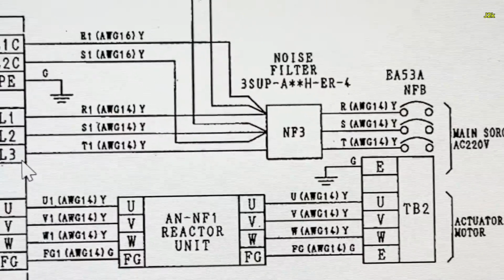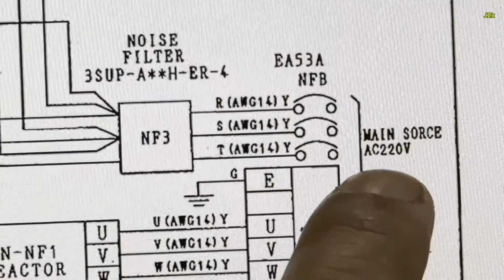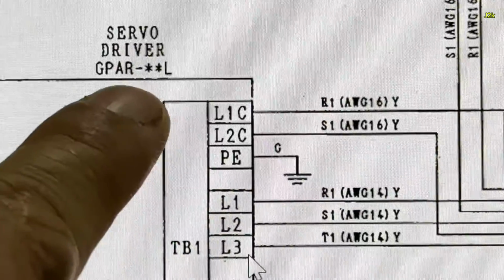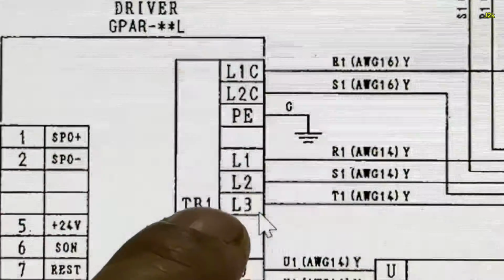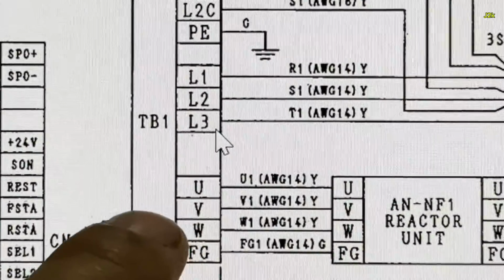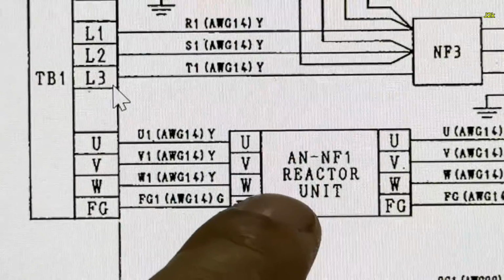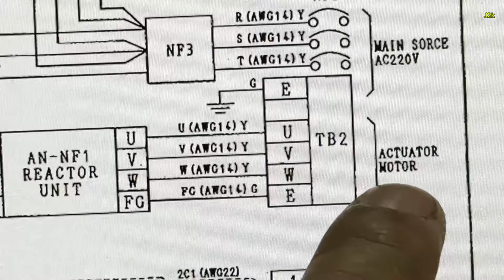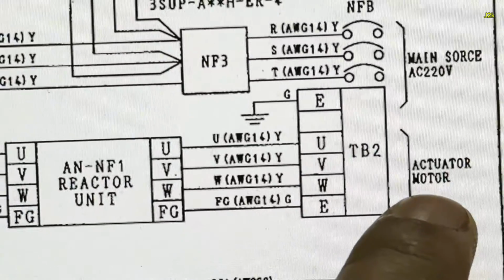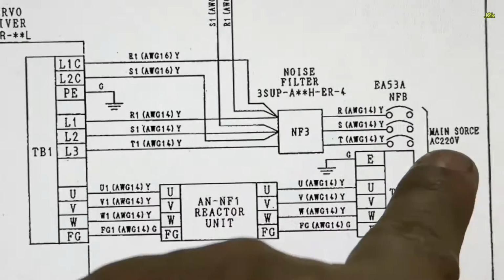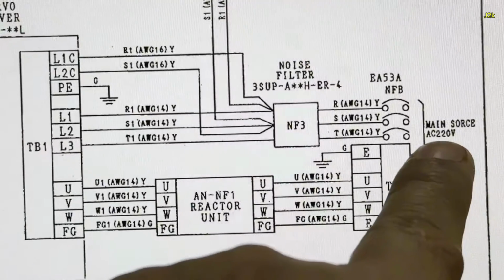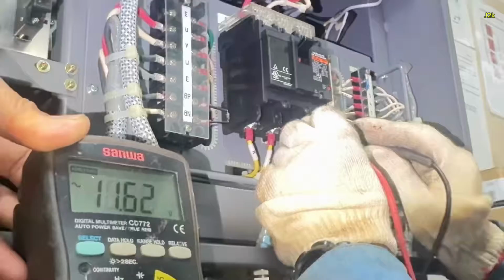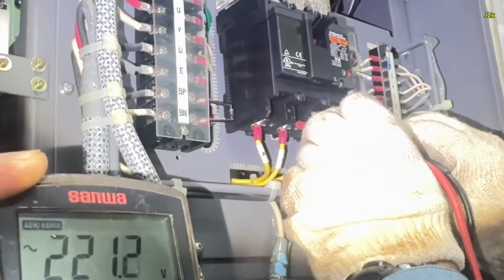So this is our main source, 220 volt, through the noise filter going to the servo driver unit L1, L2, L3, then UVW going to the reactor unit. The outlet is going to the actuator motor of the main engine governor unit. Main source 220 volts, 221 volts.